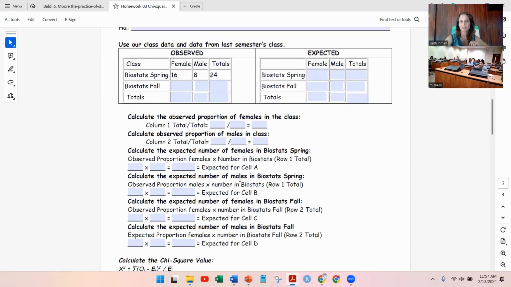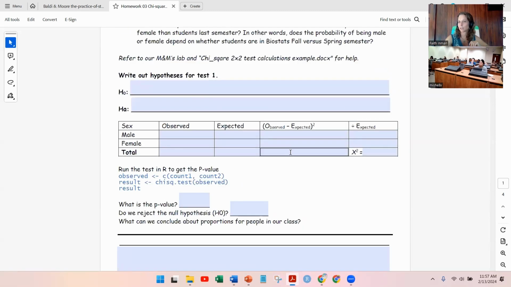This is just a little table that does the same thing as the bigger table up here.